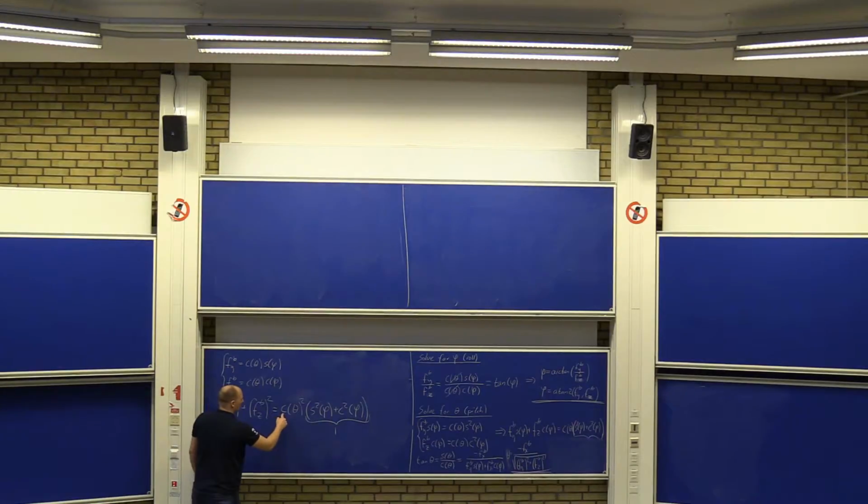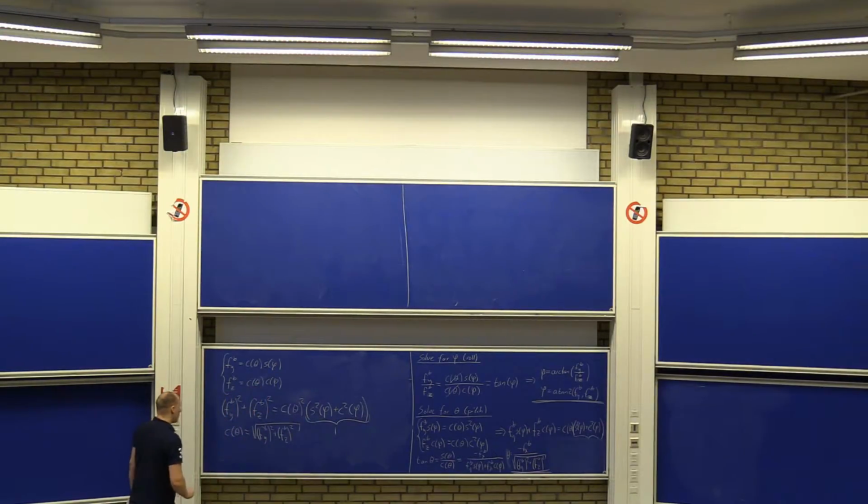So then we know that cosine of theta is equal to the square root of fyb square plus fzb square. And of course then we get tangent theta is equal to sine theta divided by cosine of theta.